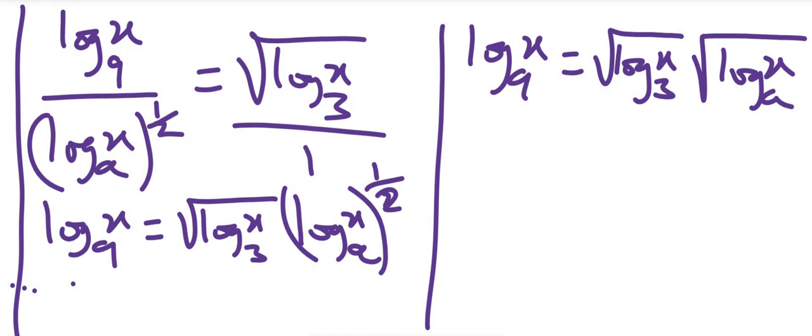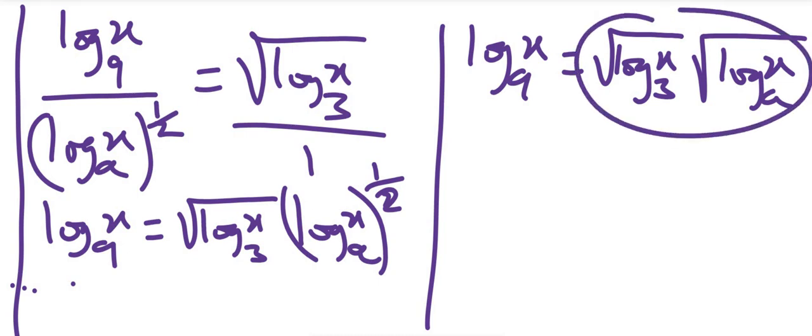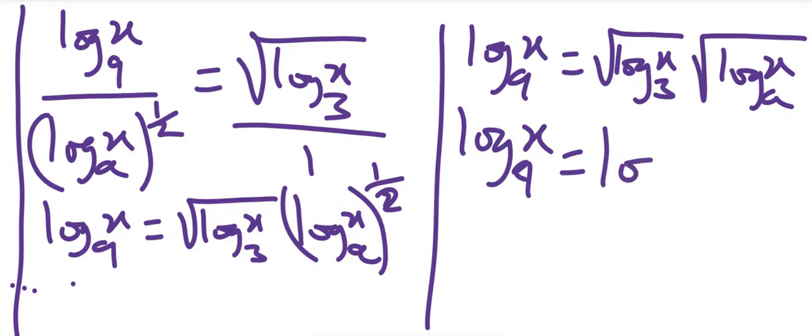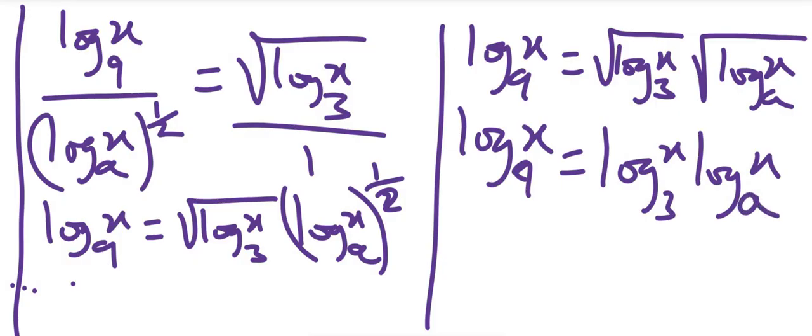So I can manipulate these radicals. This is still the same thing as the square root of log x base 3 times log x base a. I'm looking for everything square root.